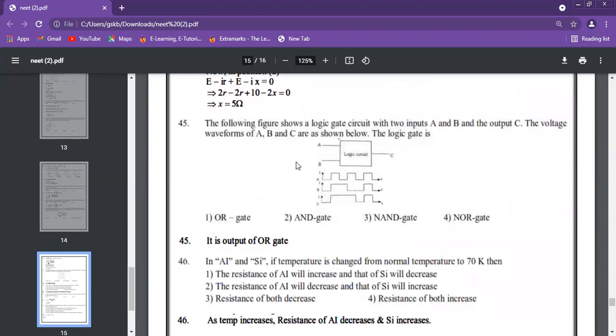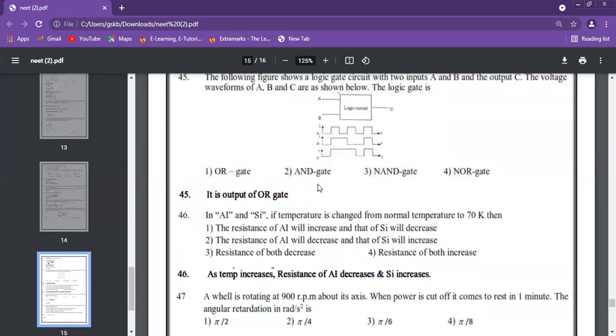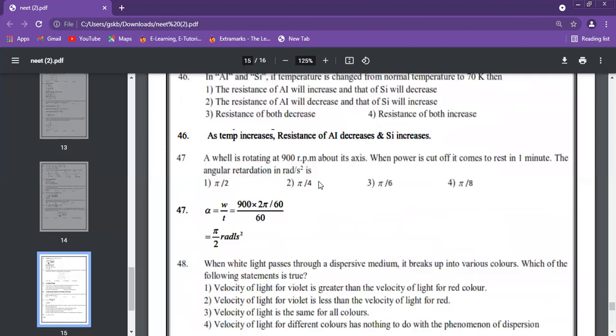This diagram is given in your NCERT textbook. Especially for semiconductors, please go through the NCERT textbook. Again, it is rotation mechanics.